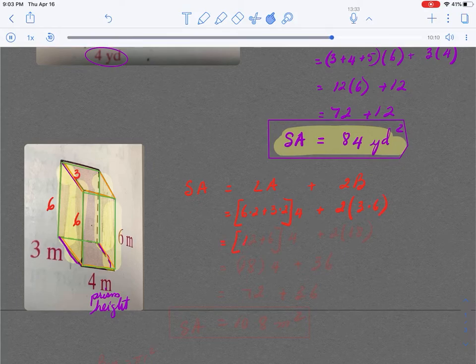That's going to give me 12 plus 6 times 4, plus 2 times 18. 18 times 4 is 72, plus 36, that should give me 108. My unit is meters squared.